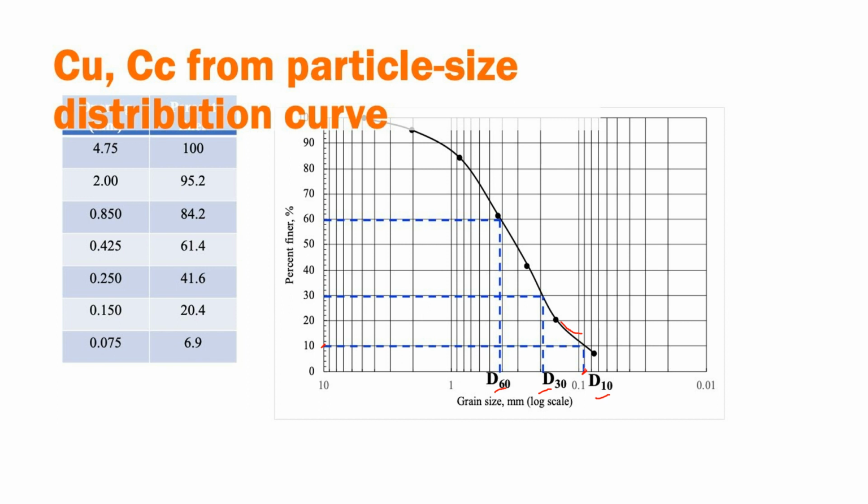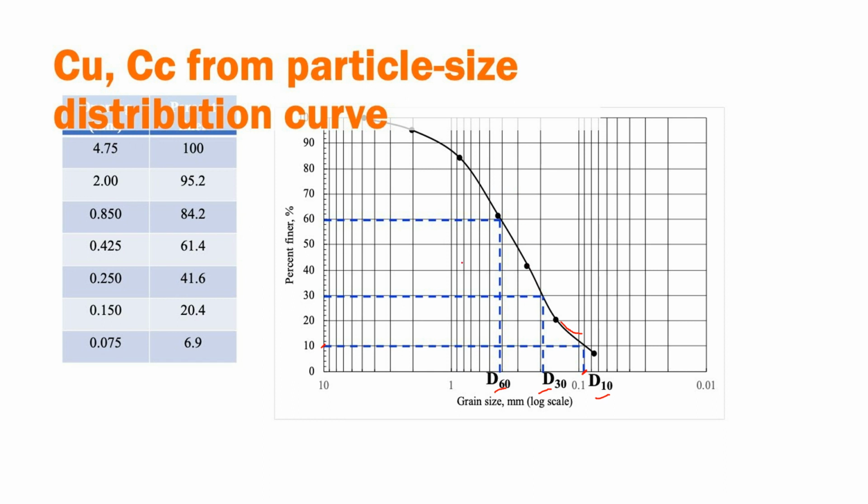So it should restrict the soil particles, but it should not restrict the water to flow through it. So only by knowing the size of particles and the range of D30, D60, D10, we'll be able to choose that material as a filter or not.